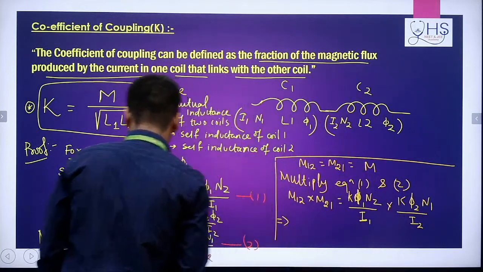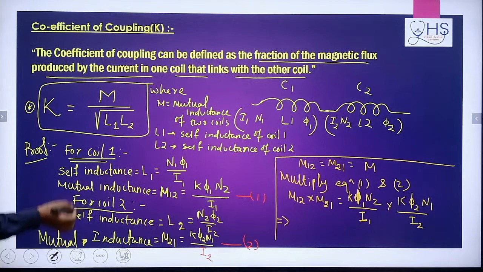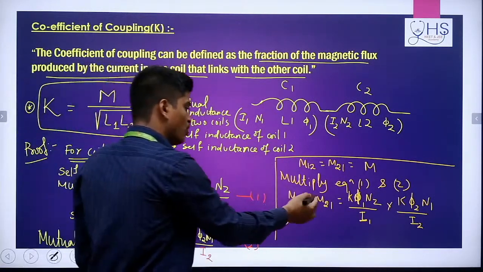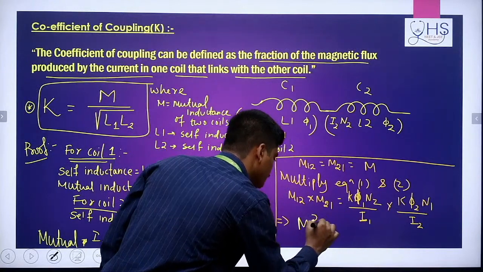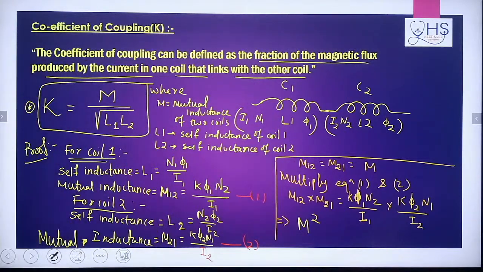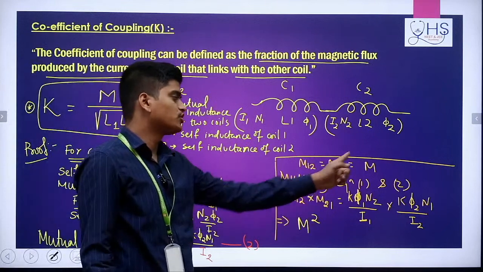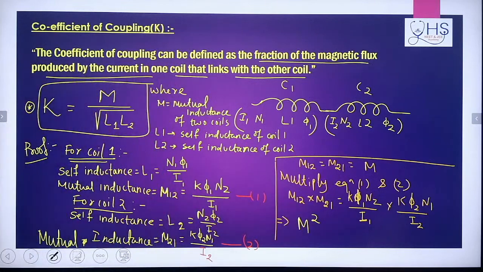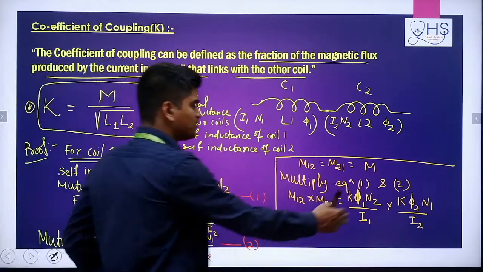Just substitute the values of equation 1 and 2 and multiply. M12 into M21 is nothing but M square, because both are M. Now do a little arrangement.